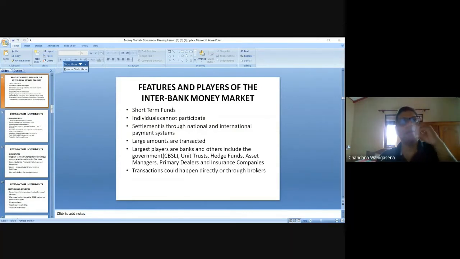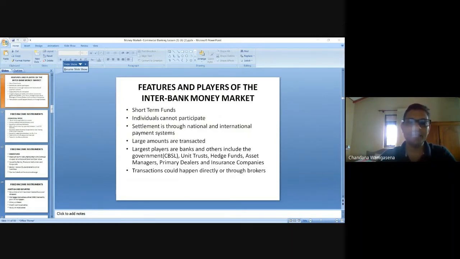So last but not the least, there are two fixed income instruments. So far, we've covered the interbank money market, commercial papers, debentures, and asset-backed securities. Through all these, banks can take money, right? Treasury bills are not something banks take money through, but this is a tool to manage excess liquidity.